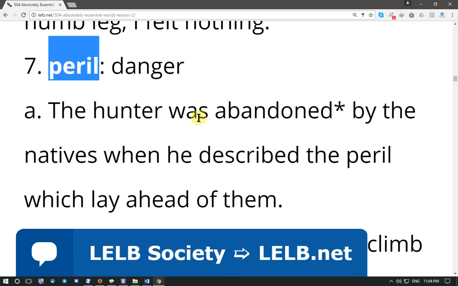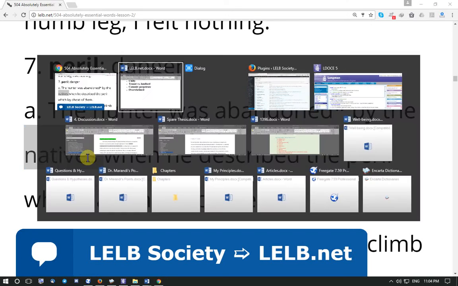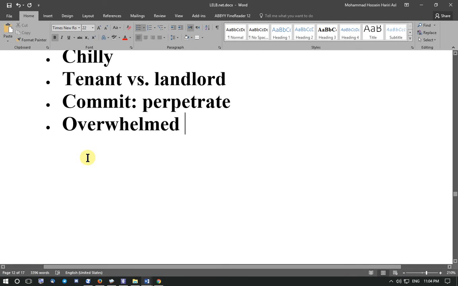He was deserted, he was left, by the natives. Native means indigenous people. Let me write it down. Indigenous means a person who is native to a particular geographical location.